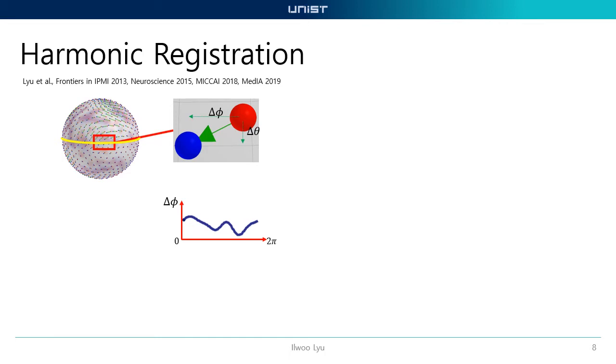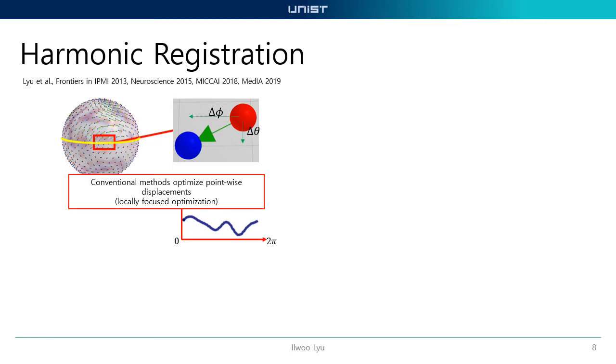Typically, in the traditional approach, they optimize the local displacement in the spatial domain. They find the best match for each location, and it can produce this kind of representation as a displacement vector for that specific component. But this one is somehow sensitive to local noise.